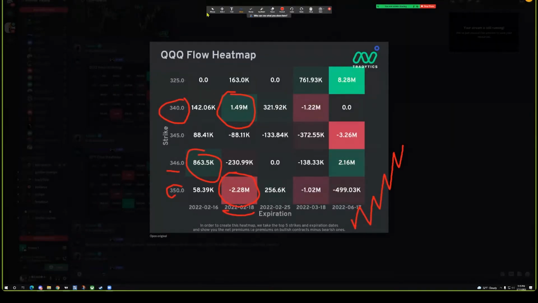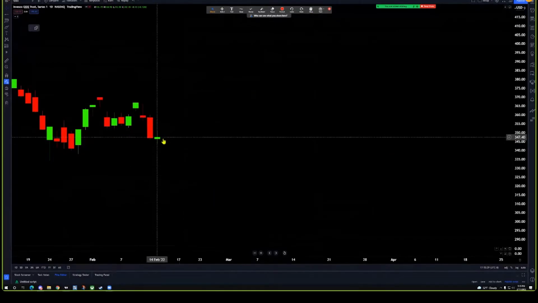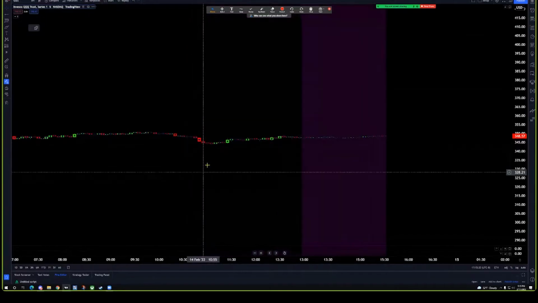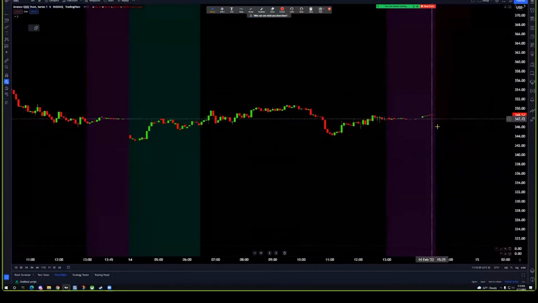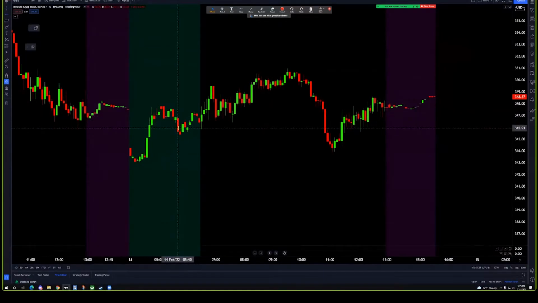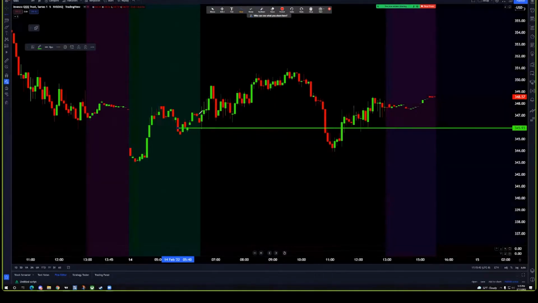If the market gets to that level, I'm going to delete this, go down to a deeper time frame. All it simply means is that if this is 346, every time the market gets to that level, we expect that there should be a barrier.